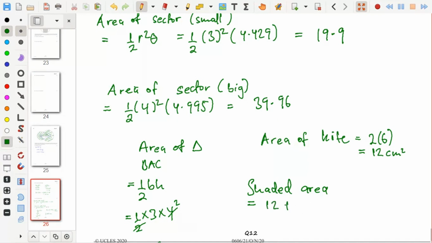So 12 plus 39.96 plus 19.9. Now let's calculate this and see what you get. So I'm getting 71.9 centimeters squared.